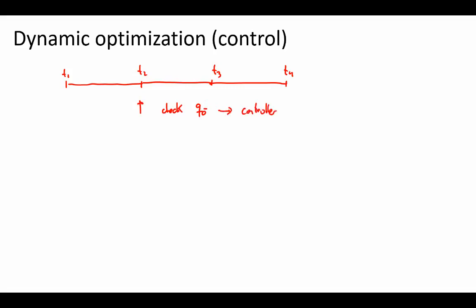So for example, at every time, you have T1, T2, T3, T4. At T2, for example, you check QO, QO goes into the controller, and then the controller has a logic.